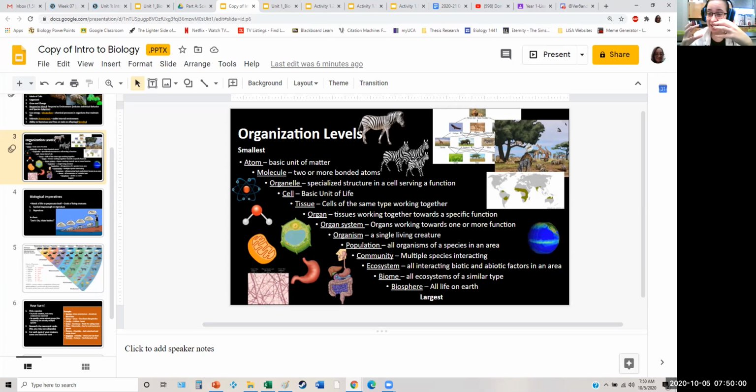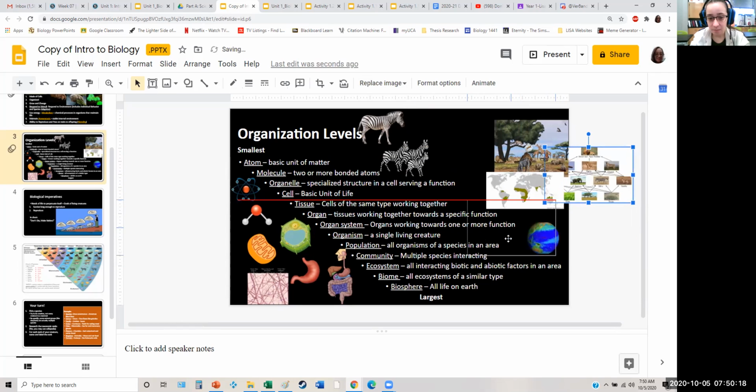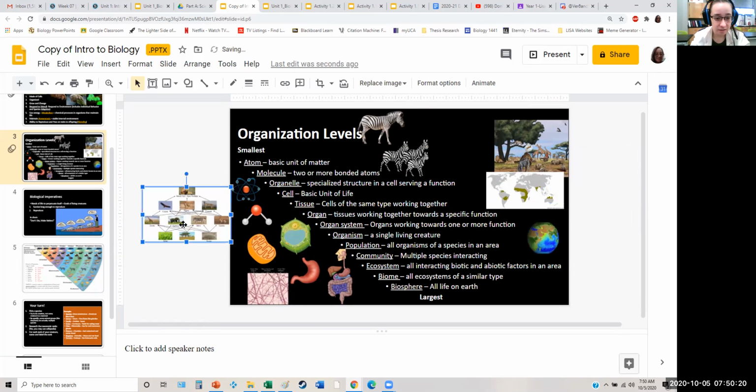Now, if we take populations of multiple species, we get a community, all right? So multiple species interacting. And so here we have, I can't bring it forward, but I can move it a little bit. Let's see if I can move it somewhere else so we can see.